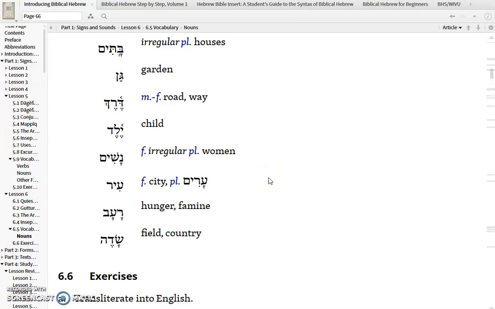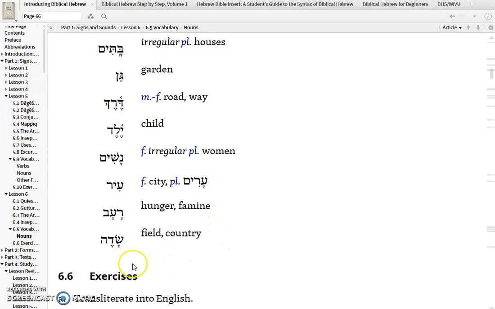The word for city is ir. It happens to be feminine. It doesn't look feminine, doesn't have a feminine ending, but it happens to be feminine. The plural form is arim. And then you have ra'av, hunger or famine.